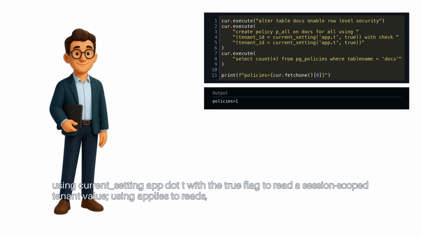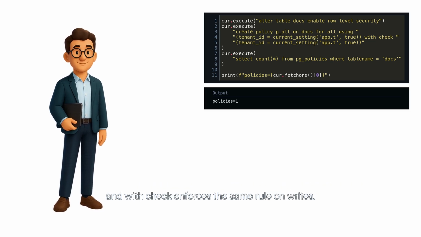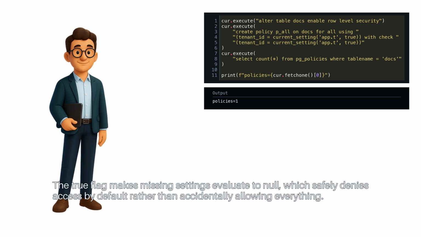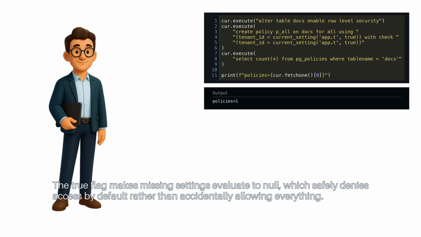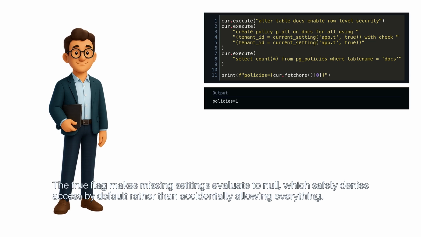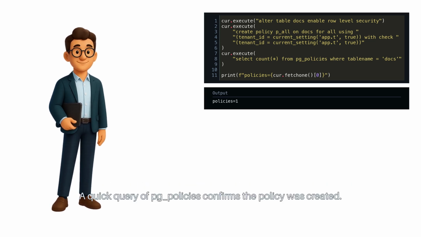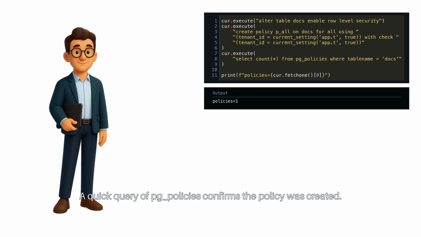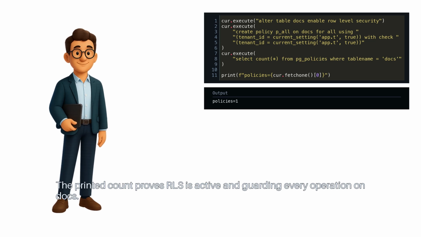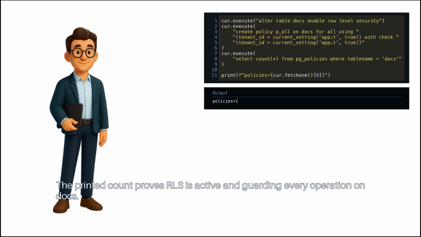USING applies to reads, and WITH CHECK enforces the same rule on writes. The true flag makes missing settings evaluate to null, which safely denies access by default, rather than accidentally allowing everything. A quick query of pg_policies confirms the policy was created. The printed count proves RLS is active and guarding every operation on docs.